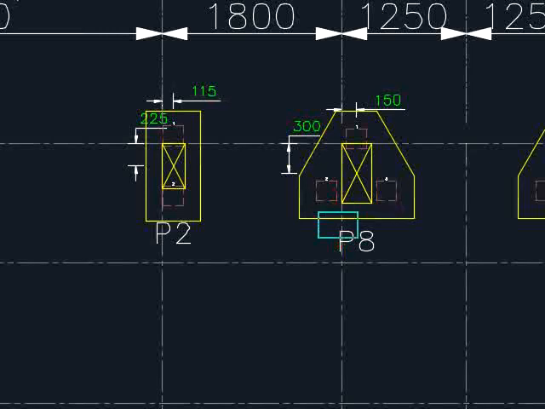Next, you will need to group the foundations into a limited number of groups so that it is easier to manage. You will need to make sure every single group of foundations has a capacity higher than the load it is designated for.